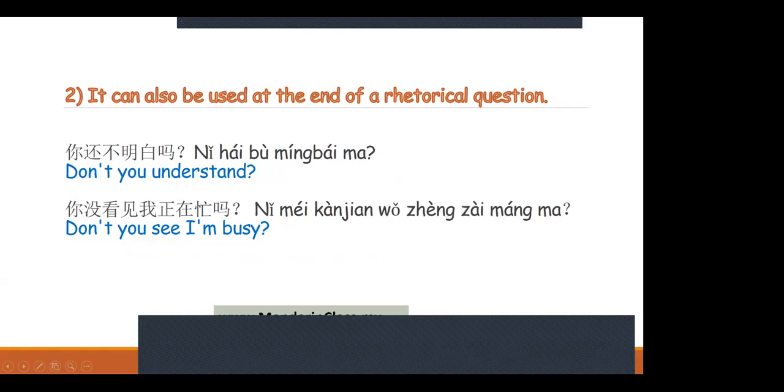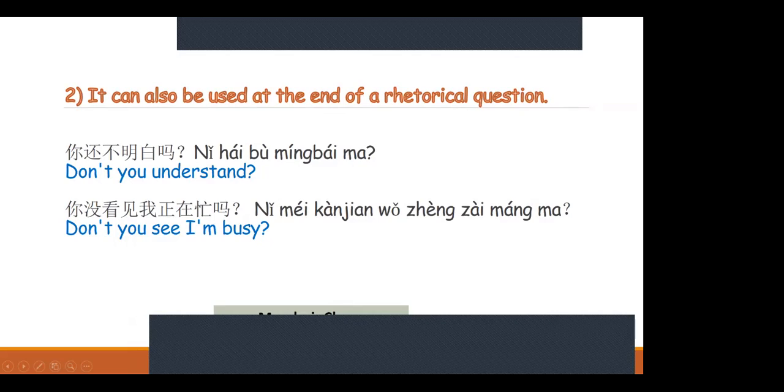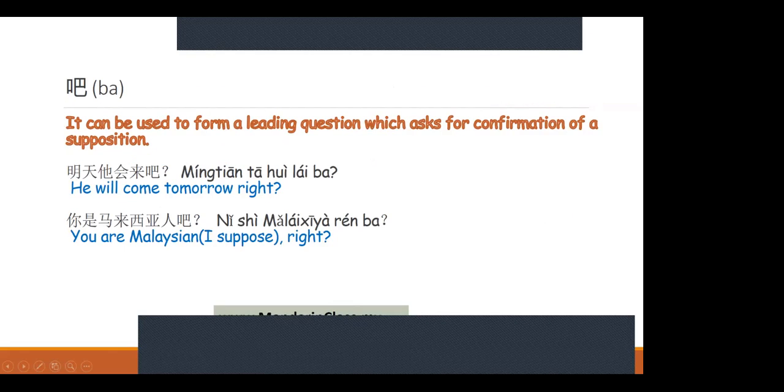Let's say, 你还不明白吗? Don't you understand? Do you understand or not? Asking back at you. 你没看见我正在忙吗? Don't you see I'm busy? Actually, this is telling you I'm busy. Don't you see that?